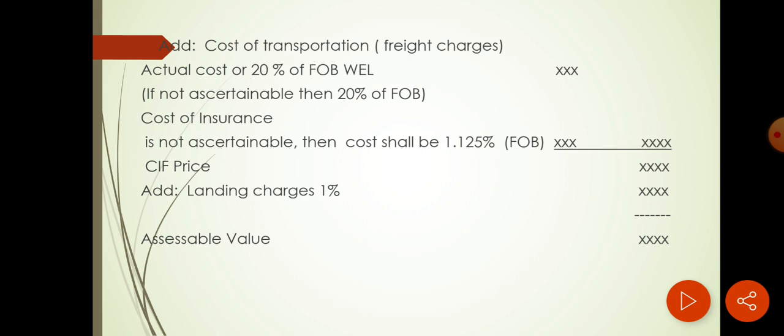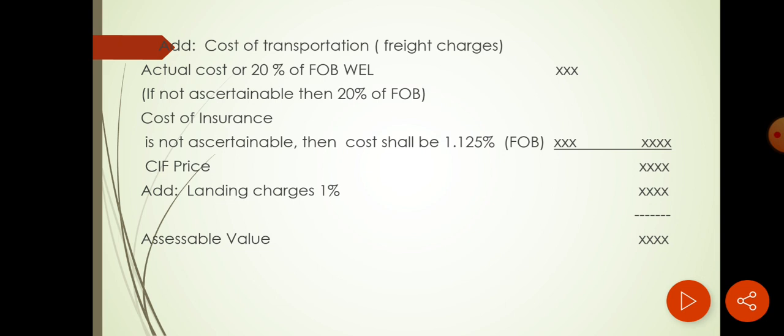Next, you take the cost of insurance. If it is given in the problem, you take the insurance amount and add it. If the insurance amount is not ascertainable, then as per the rule you take 1.125% of the FOB price. You add the transportation cost and the insurance cost, and you get the CIF price, that is, cost, insurance and freight.